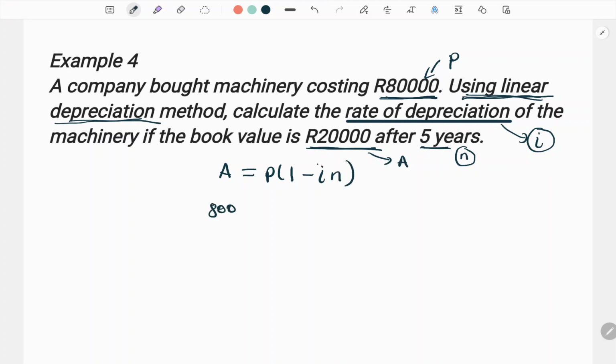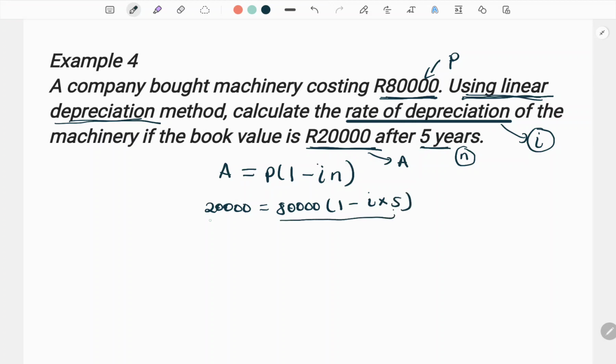Your A is 20,000, I'm making mistakes, I'm sorry. Your A is 20,000. Your P is 80,000, 1 minus, we're looking for the i multiplied by 5, the number of years.